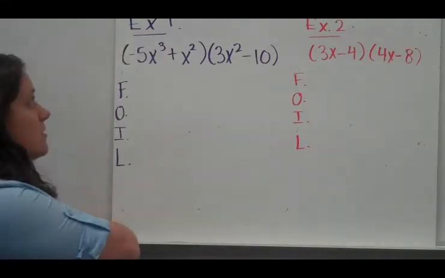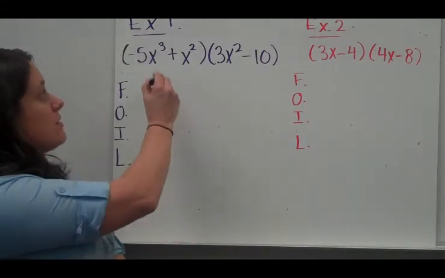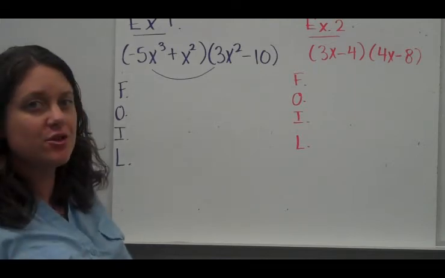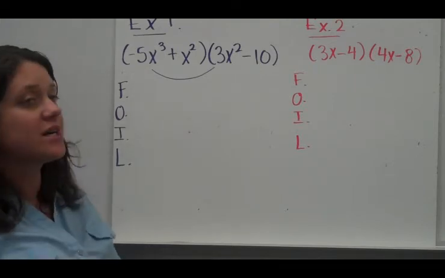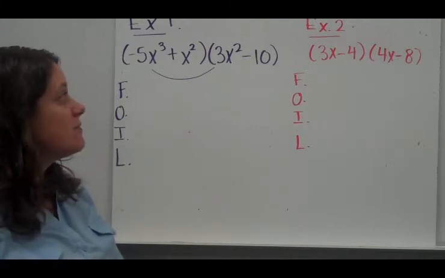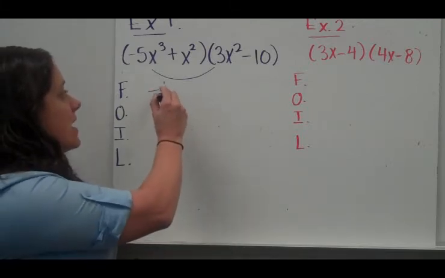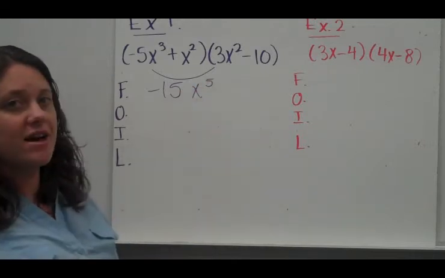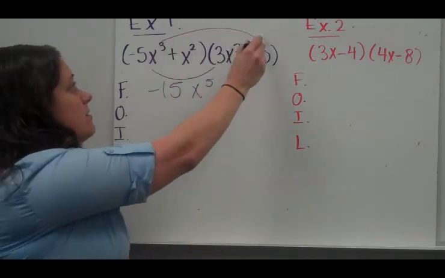Okay, so here's the first one. So my first two terms are going to be negative 5x squared times 3x squared. I'm sorry, negative 5x cubed times 3x squared. So that would be negative 15x to the fifth. Then I have my outside, which would be these two.